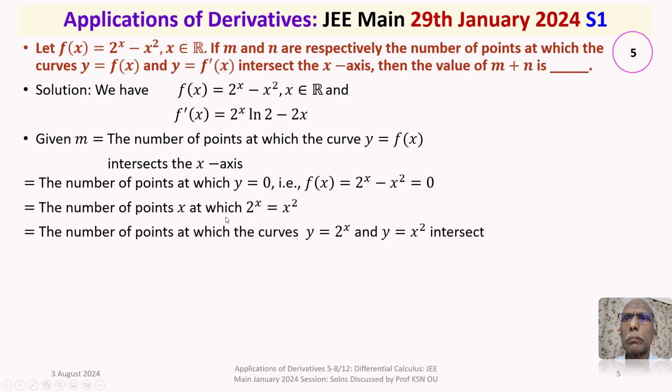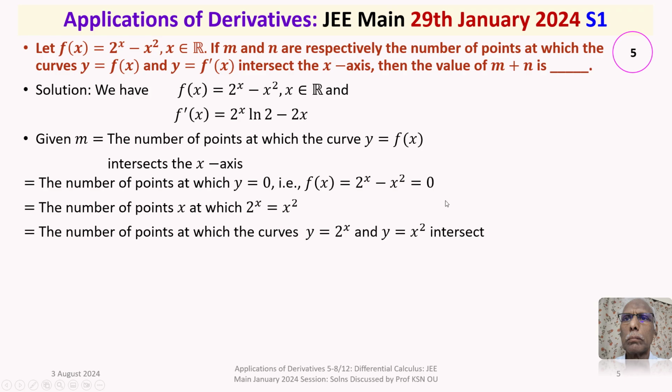Thus, m, the number of points at which the curve y is equal to f of x intersects the x-axis, is equal to the number of points at which the curves y is equal to 2 power x and y is equal to x square intersect.